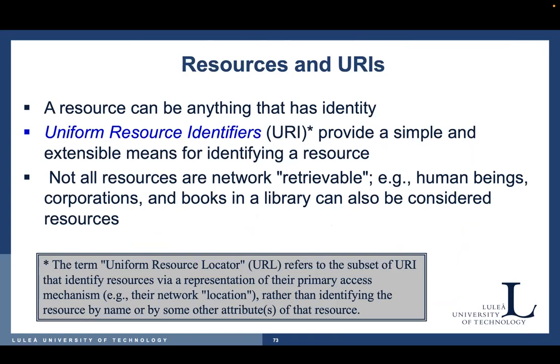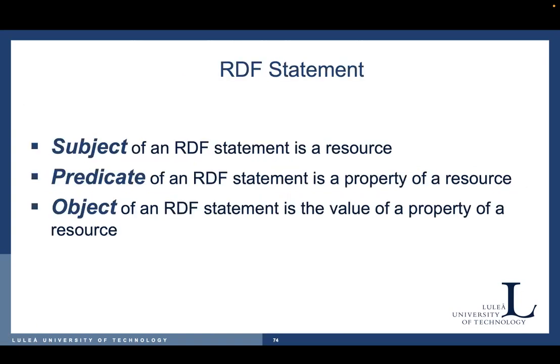And for that we need identification. That's totally not new for you. We have these uniform resource identifiers, which are used to annotate anything, basically. And we use this simple syntax.